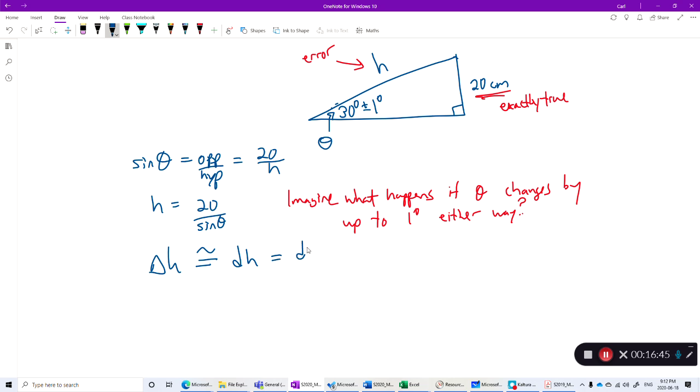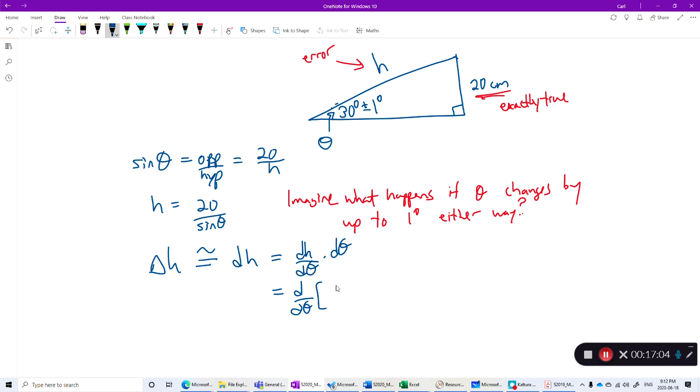dh is dh d theta times theta. Oops, no, that's not right. Times d theta. Now, what is dh d theta? Well, let's write it out using our rules.